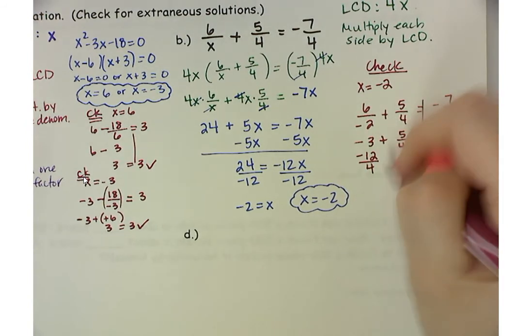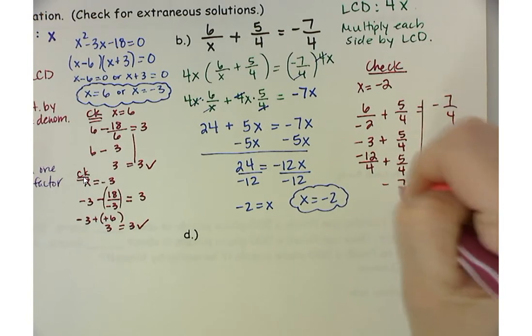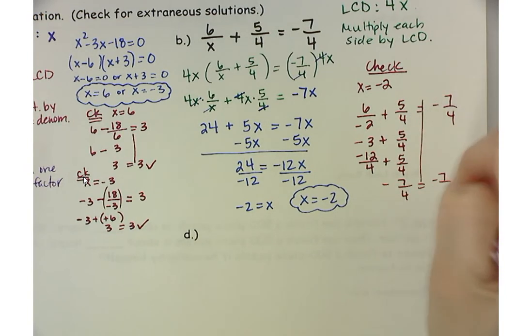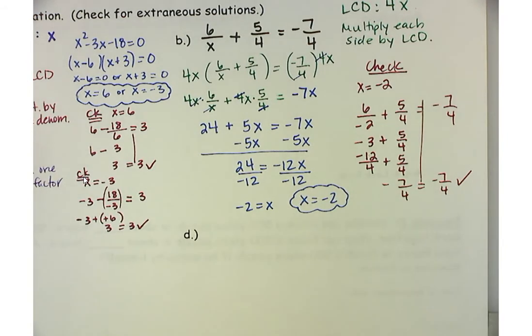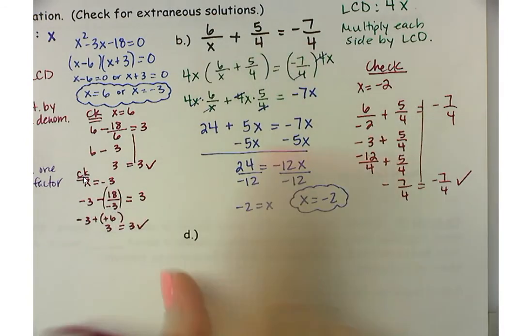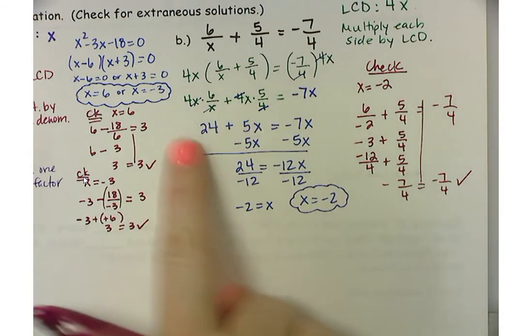Okay, and the reason why this strategy is nice is once we multiply by the LCD, we had no more fractions. So if you get the LCD of all of the denominators, then you can distribute and then simplify, and bye-bye fractions.